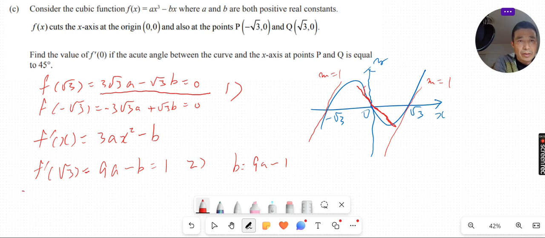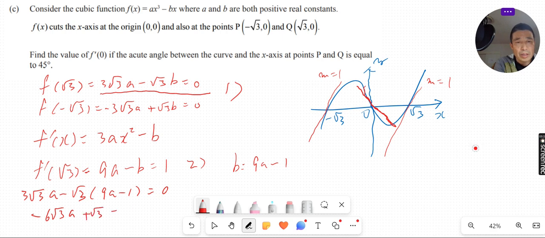So that means 3 square root of 3 a minus square root of 3 times (9a minus 1) equals 0, and we can solve for a. So 3 square root of 3 a minus 9 square root of 3 a, which is minus 6 square root of 3 a, isn't it? And then plus square root of 3 equals 0.